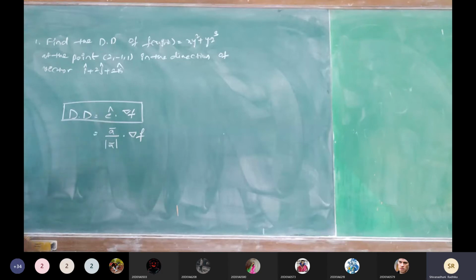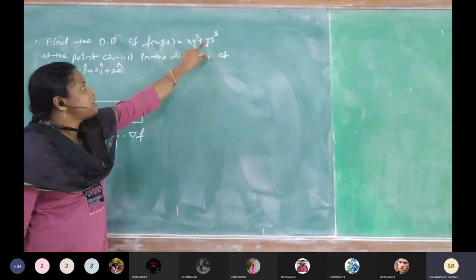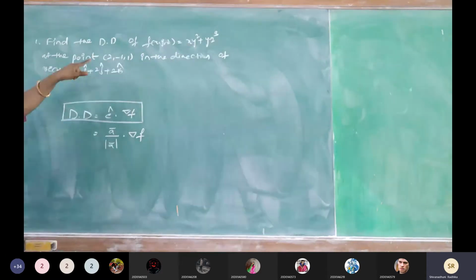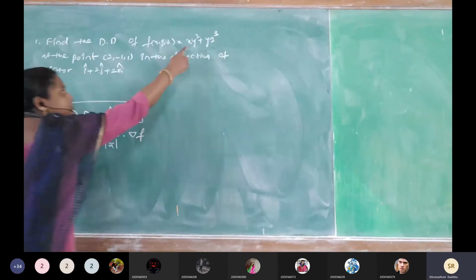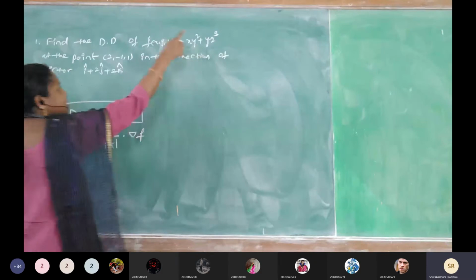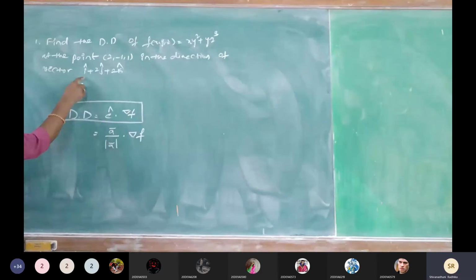Dot del f. What is del here? The operator. f is the given point function, xy squared plus yz cubed. Now we are going to find the directional derivative of this function in the direction of i cap plus 2j cap plus 2k cap. See, this is the formula.